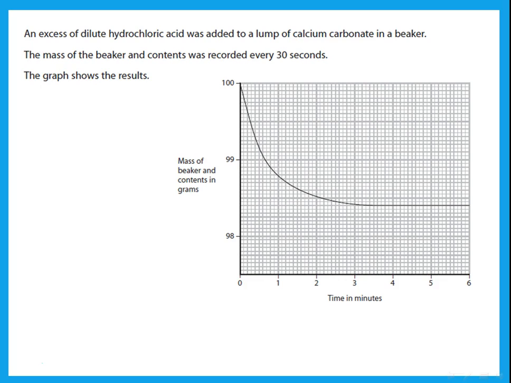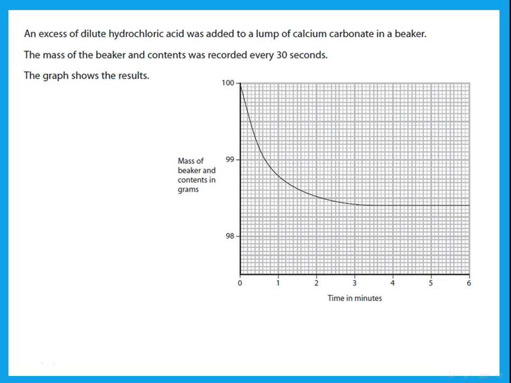The mass of the beaker and contents was recorded every 30 seconds. So this is a reaction, acid with carbonate. If you remember from the chapter of acids and bases, acid with carbonate gives carbon dioxide gas. Now, he's not using a measuring cylinder to measure the volume of the gas. He's using the method of putting the beaker on the balance and measuring the mass of the beaker every 30 seconds.